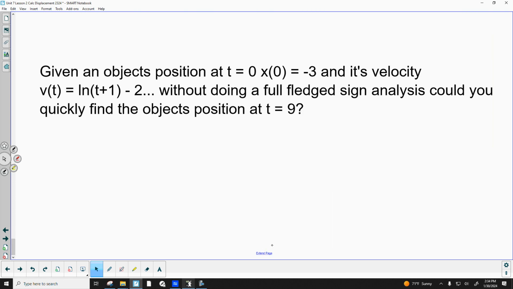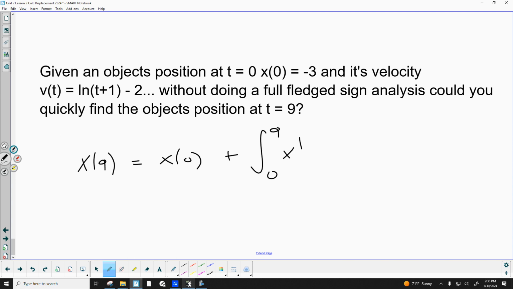And that brings us to this: without doing a full-fledged sign analysis, can you find your position at time 10? Yes, sure, because accumulating, or at time 9, sure, because accumulating my velocity, accumulating my derivative, will take into account all of the positive areas and all the negative areas.